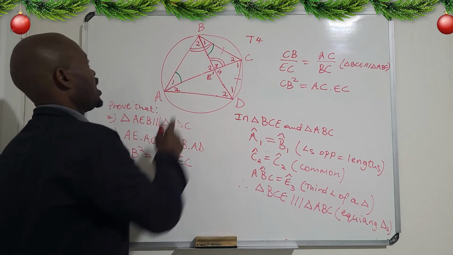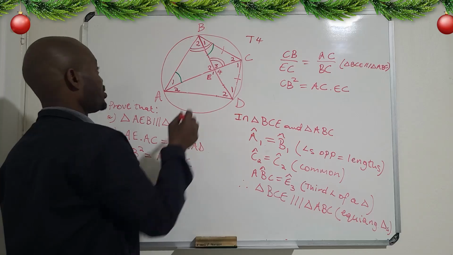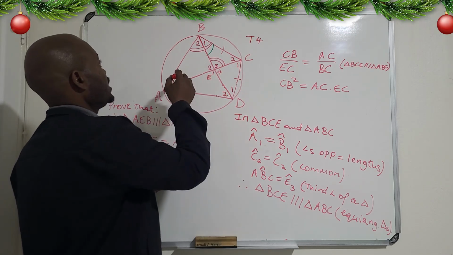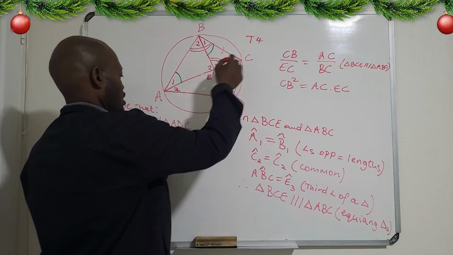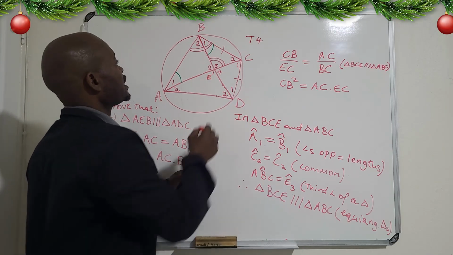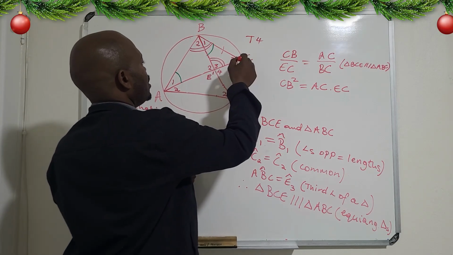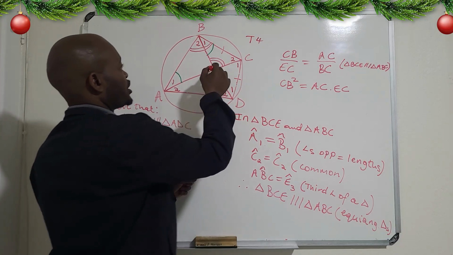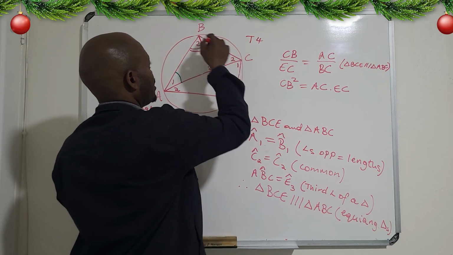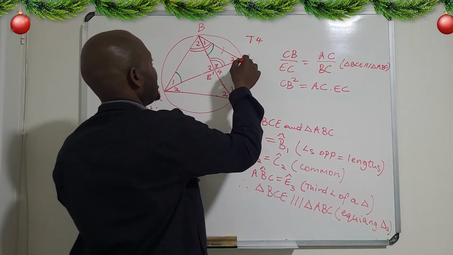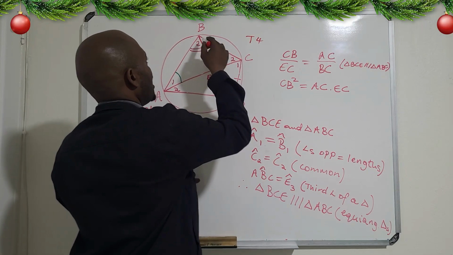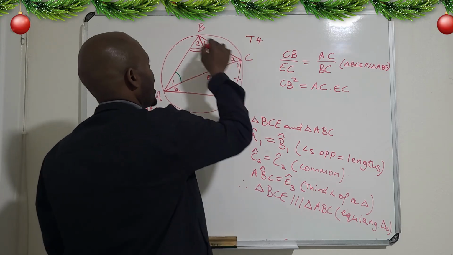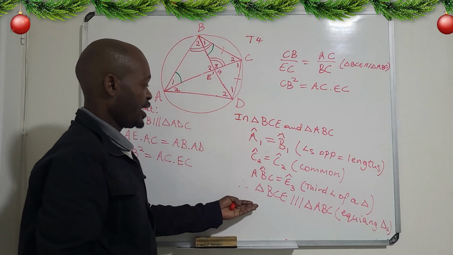I can see that CB is in this triangle. I can see that AC is in this triangle. I can see that EC is in this triangle. Since I have EC in this triangle, and AC in this triangle, I need to prove that this triangle is similar to this triangle, as we have done there.